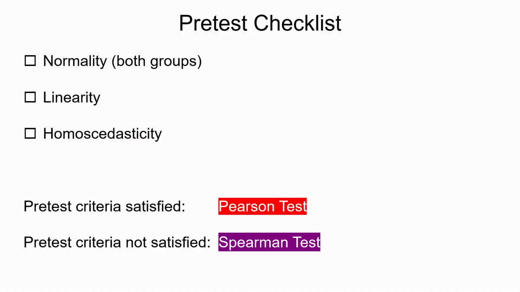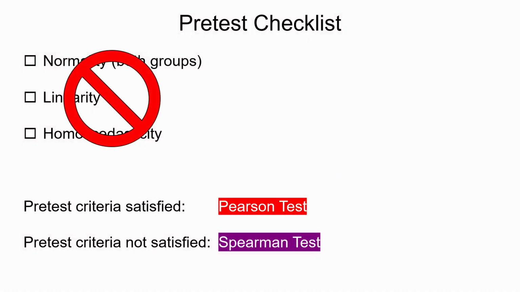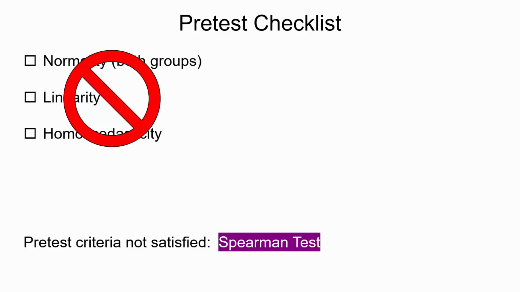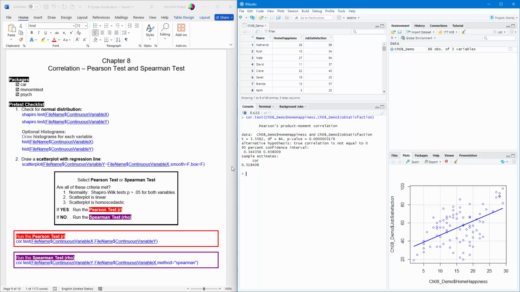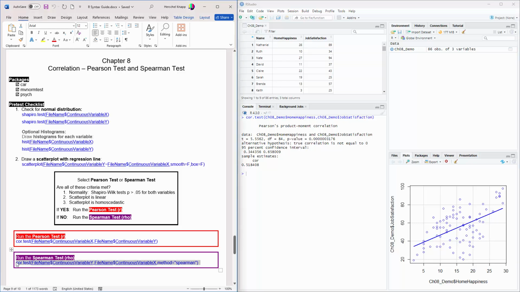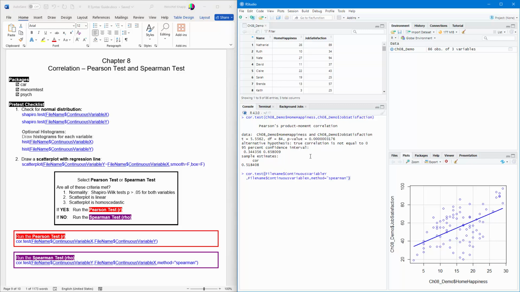If the pretest criteria were not all satisfied, then the Spearman test would be the appropriate statistic to run. Copy this line of code to the console window, change file name to ch08 demo here, and here.